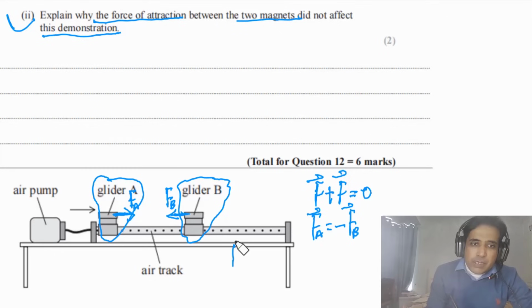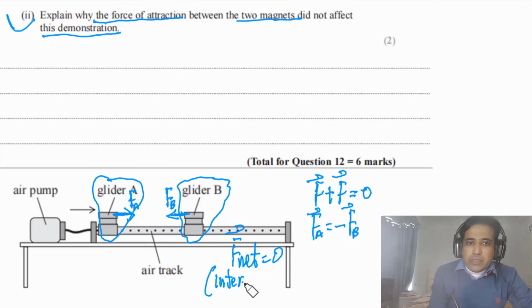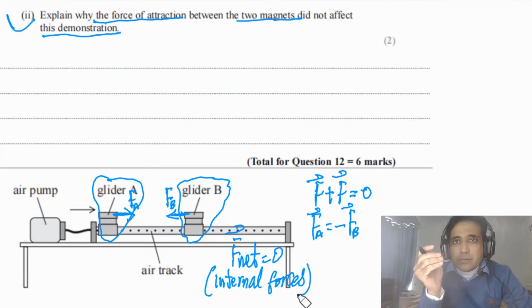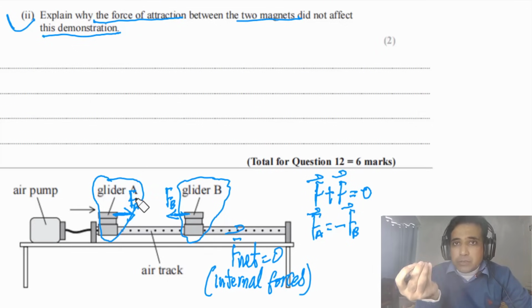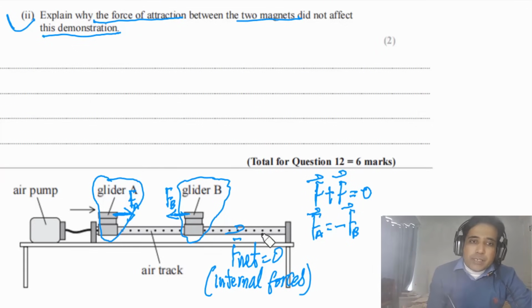Simply we can say F net on the system is equal to 0, because these two forces are internal forces. That's the reason momentum is conserved in this case: there is no net external force on the system, and these two magnetic forces are internal forces, and the resultant of these two is equal to 0. So this is how you can answer.